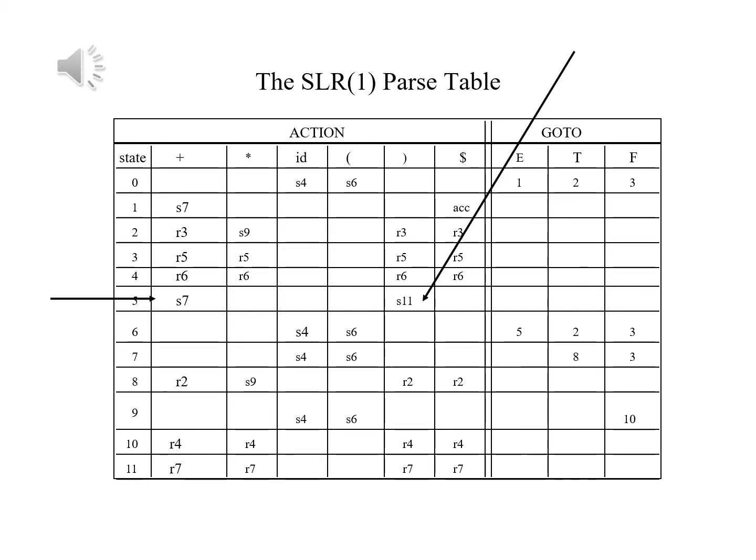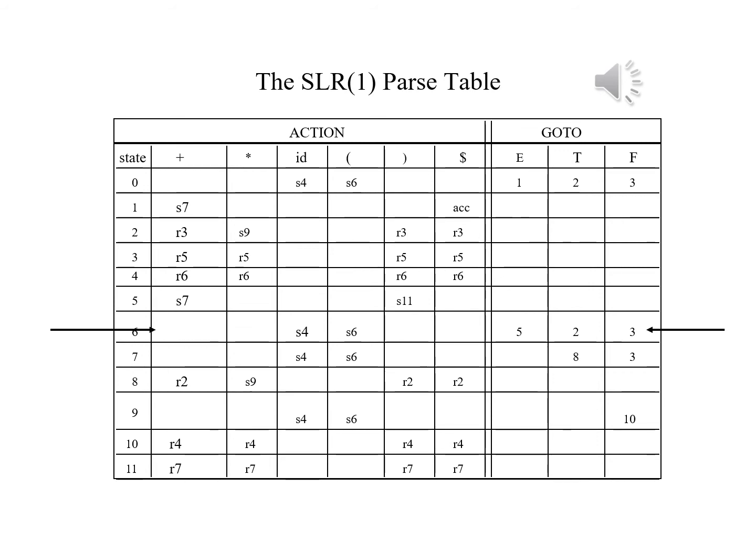State 5 has 2 non-final items. So in both cases, the action involved is a shift. F derives open parenthesis E dot close parenthesis means that on close parenthesis we will shift and go to state 11. State 6 has 7 items in it, all non-final.